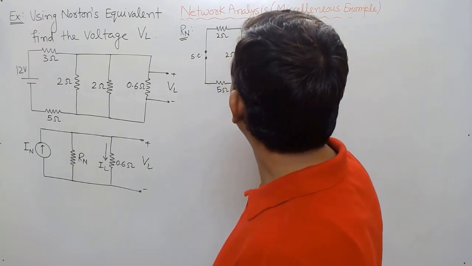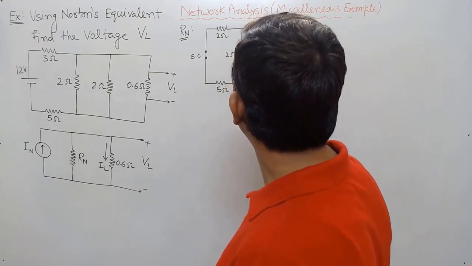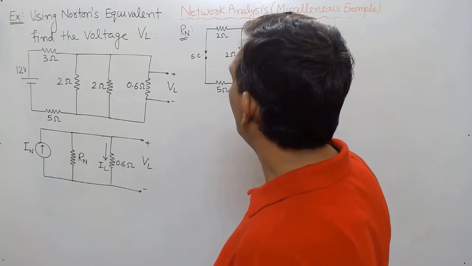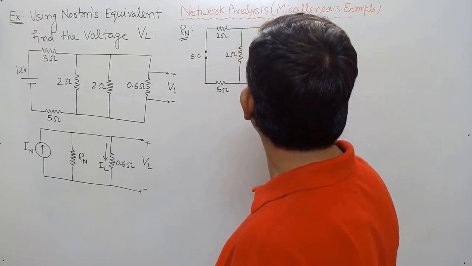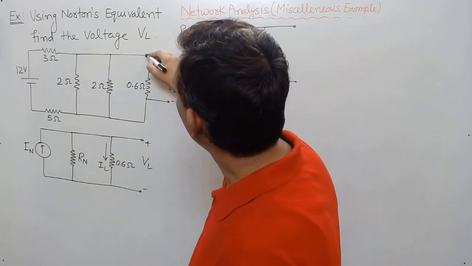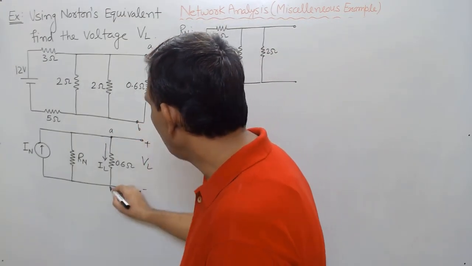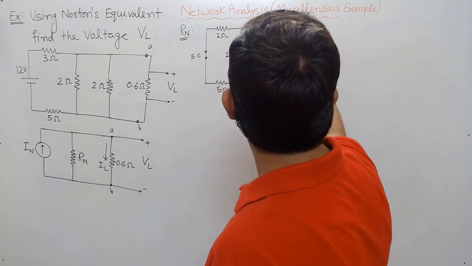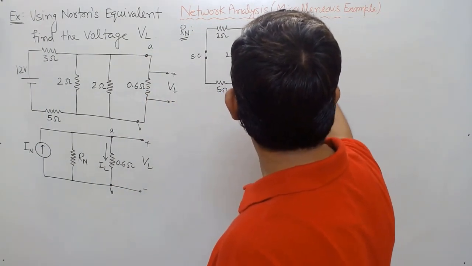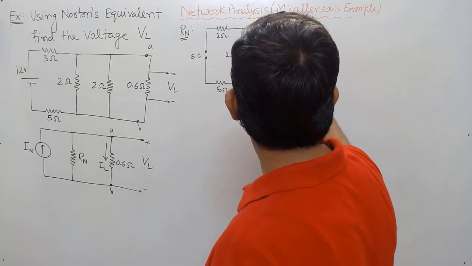This is 2 ohm, and again this is 2 ohm. Assume this point is A and B. So the equivalent across A and B is Rn.